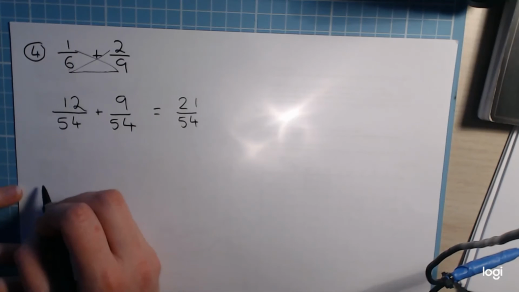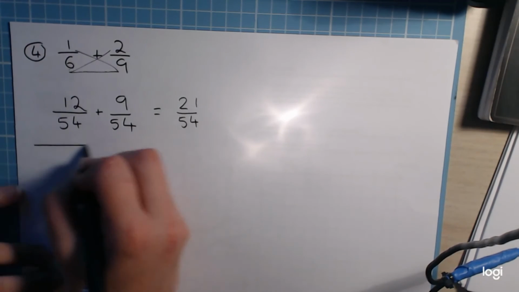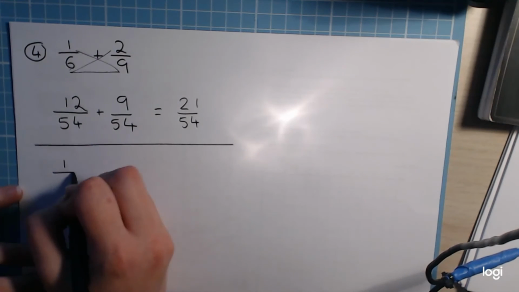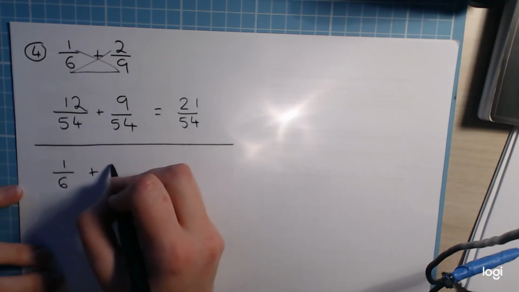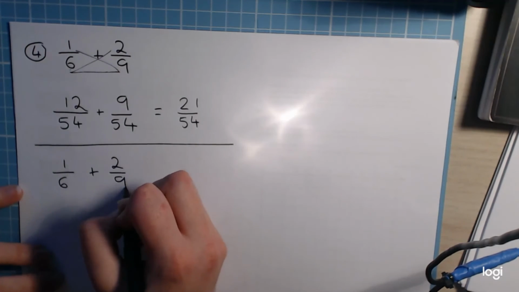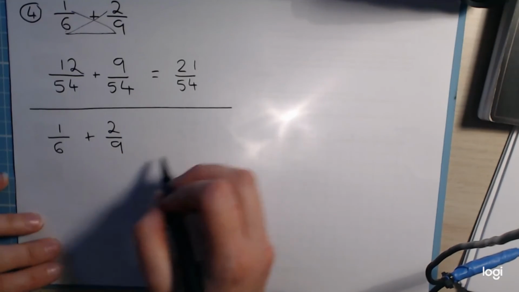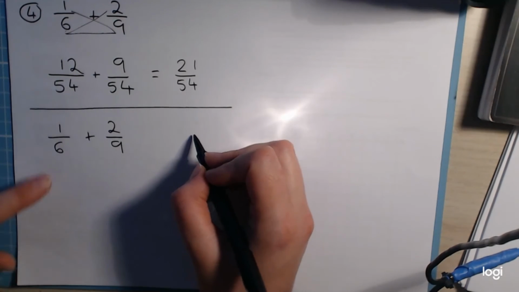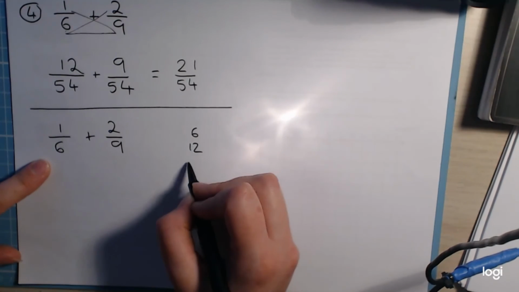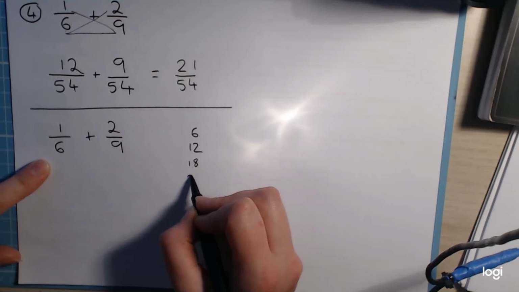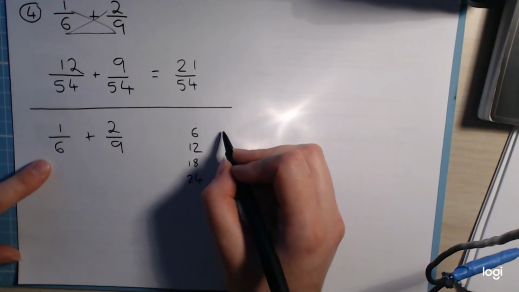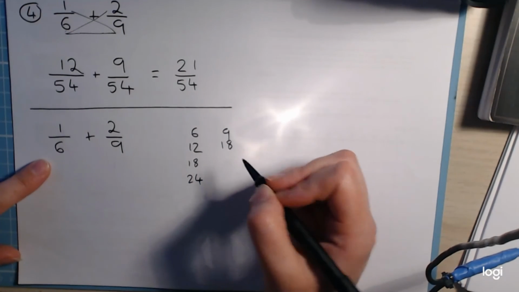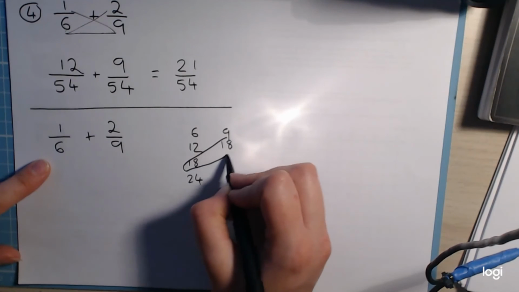And if we do it the method I've just shown you, I'm just going to write it out again. 1/6 add 2/9. And we're going to list them, to look for that lowest common multiple. So 6, 12, 18, 24, 9, 18. Look at that already.